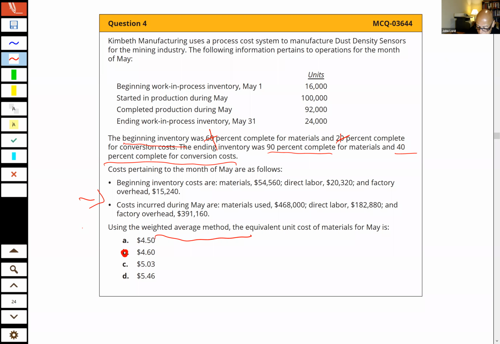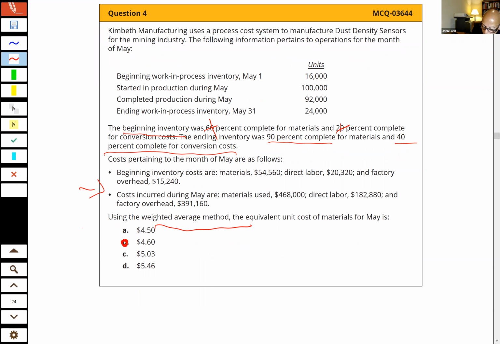And so because they're asking me for weighted average, I'm going to give myself credit for all of that work that was done in the beginning. I just pick up that number, 16,000. I know I have to have that there, right? Then they give me two numbers here, started in production and completed in production.